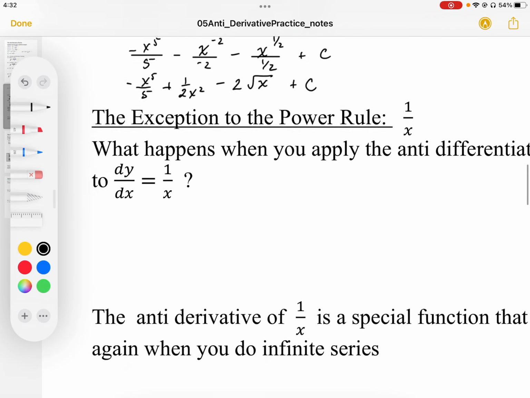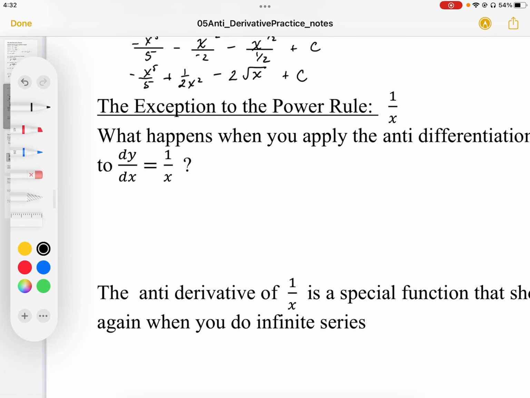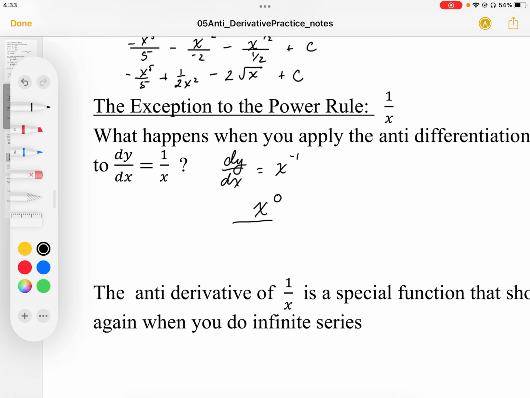So we talked about this a little bit before, that the exception to the power rule is this 1 over x. 1 over x, if we tried to apply the power rule, we run into a problem. So since this is really dy by dx is equal to x to the negative 1, applying the power rule, we're going to add 1, we're going to end up with power 0. Now that doesn't seem to be too big of a problem, but we have to account for that power by dividing.